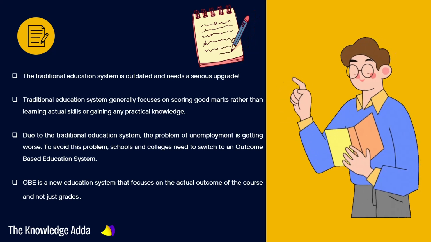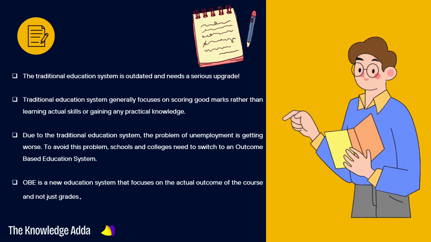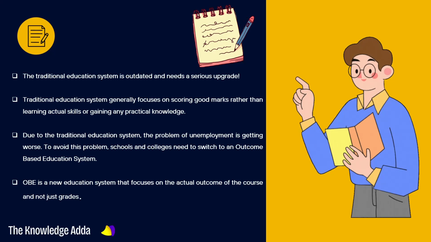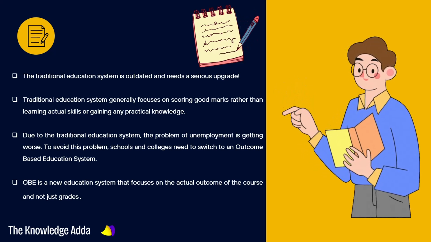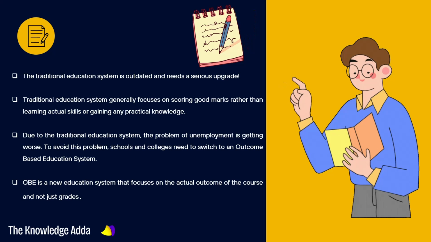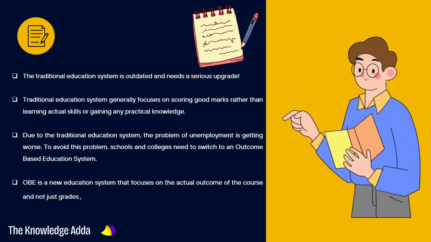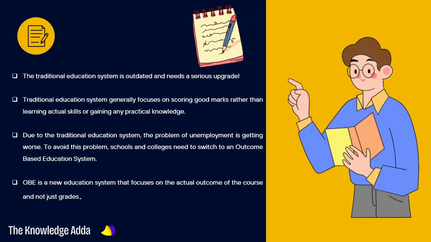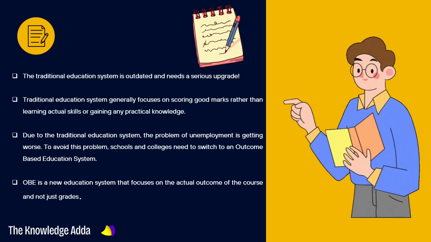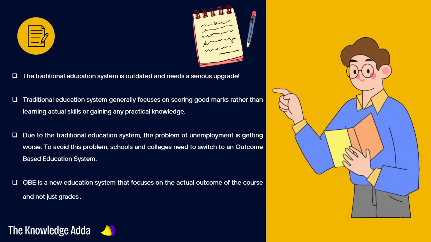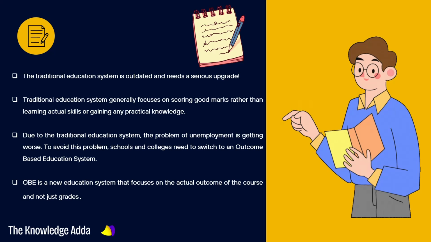Many students are not getting any practical knowledge, and that creates unemployment. Nowadays, unemployment is getting worse. To avoid this problem, schools, colleges, and universities need to switch to outcome-based education.